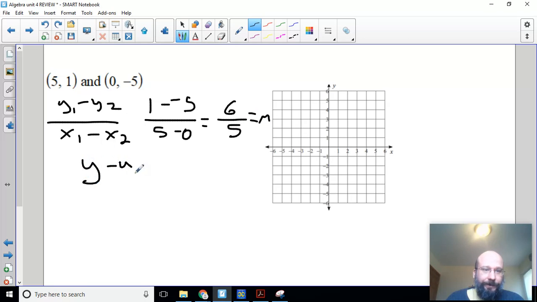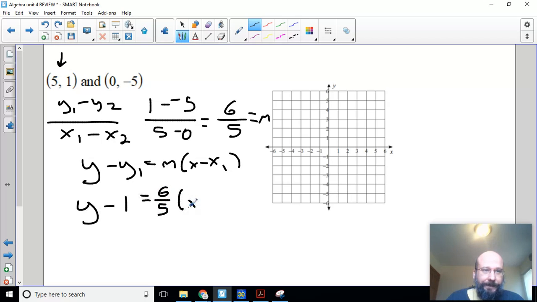And then I'm going to use this formula with one of these points and my slope. This time I'm going to use this point just because they're both positives. So y minus 1, right, because this is y1, equals 6/5 times x minus 5.